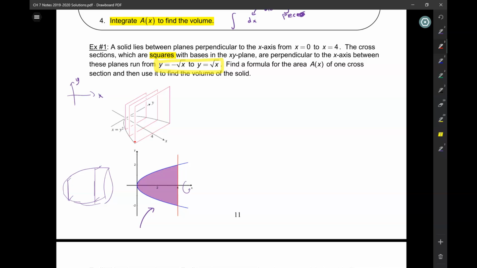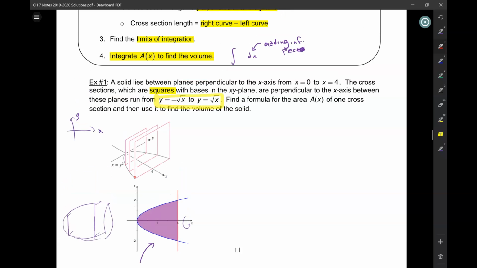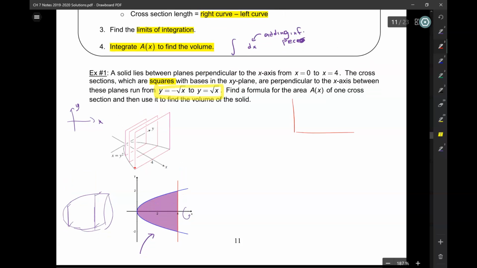Remember when we did area under a curve? We could do rectangles underneath, but it's just not the whole thing. Or we said we could do trapezoids.